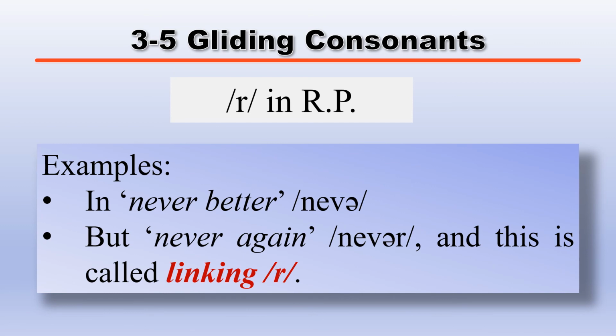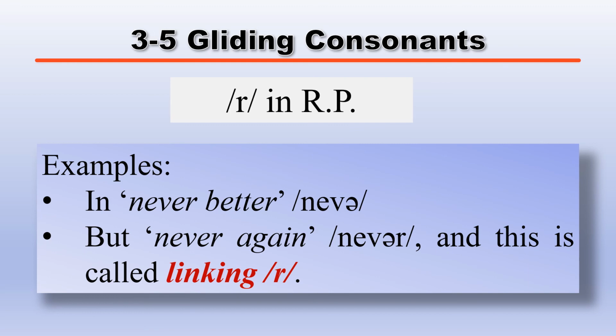Here you see the examples. The word never ends with the ra, but because we say only never, it is at the final position, so we don't pronounce it. Never.